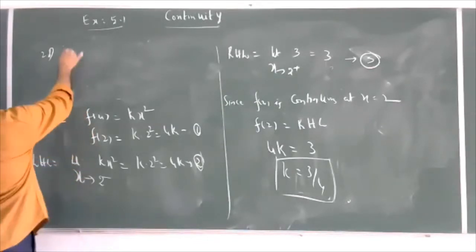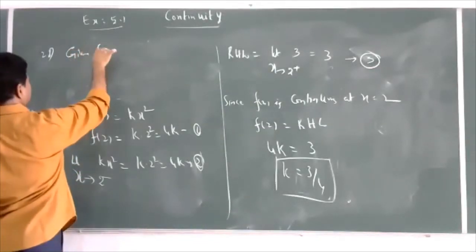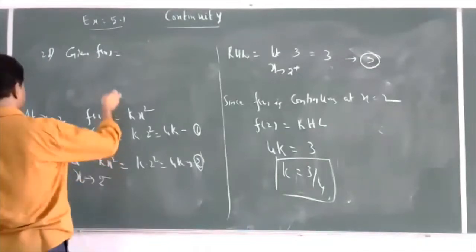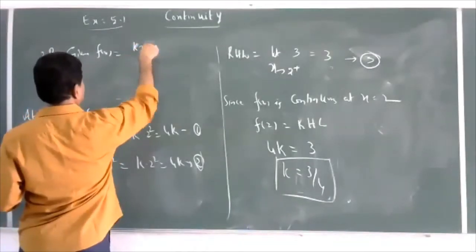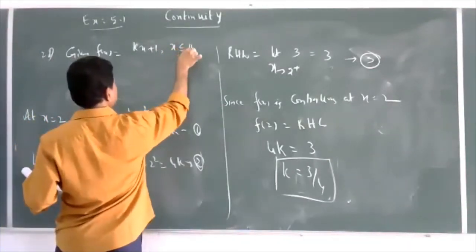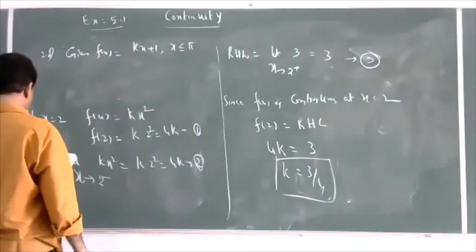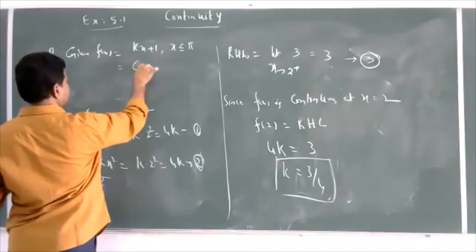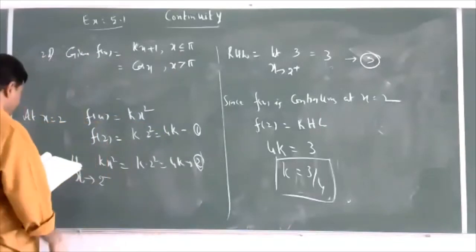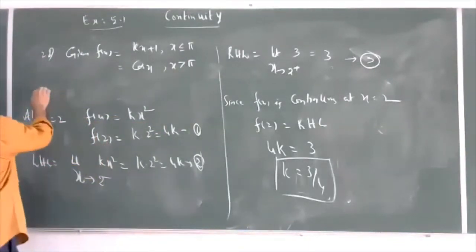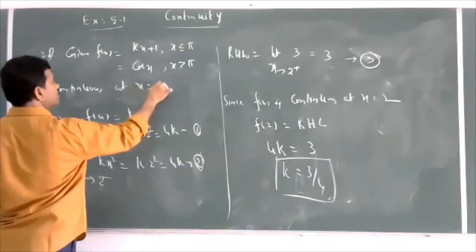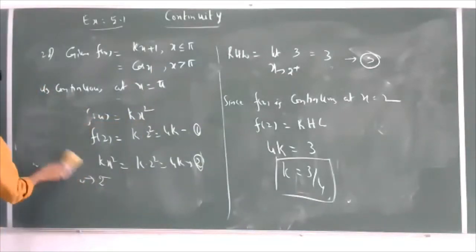Given f of x is equal to kx plus 1 when x is less than or equal to pi, and equal to cos x if x is greater than pi, is continuous at x is equal to pi.